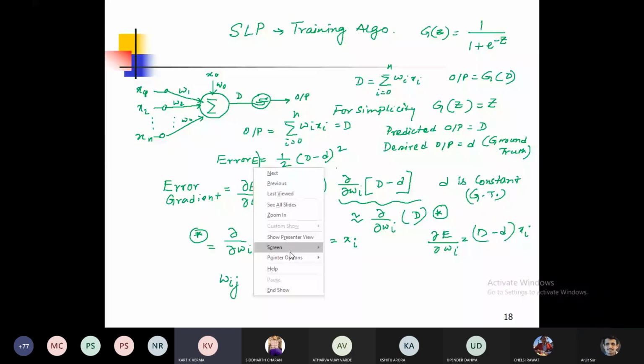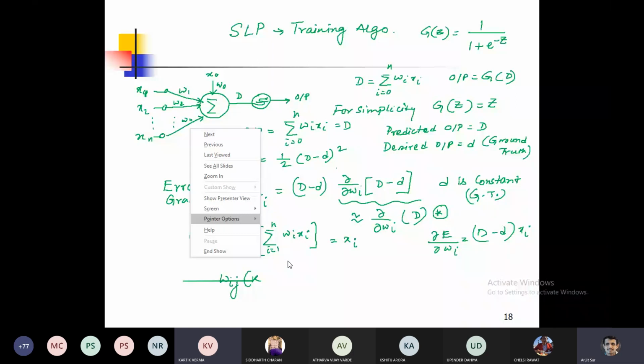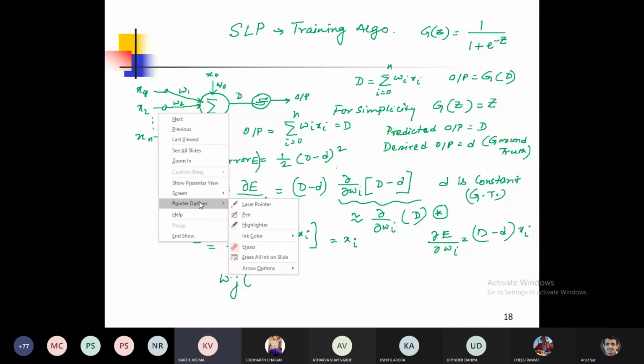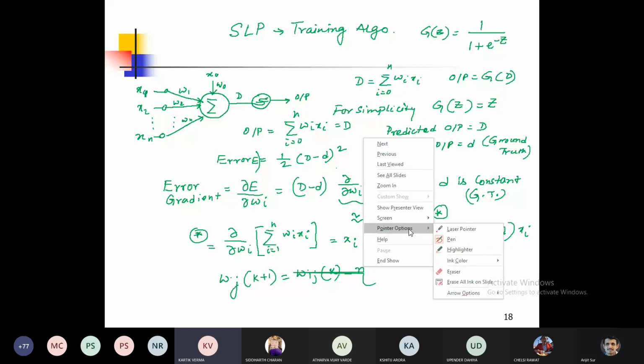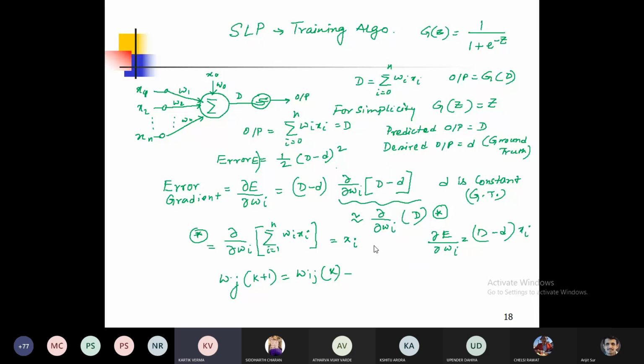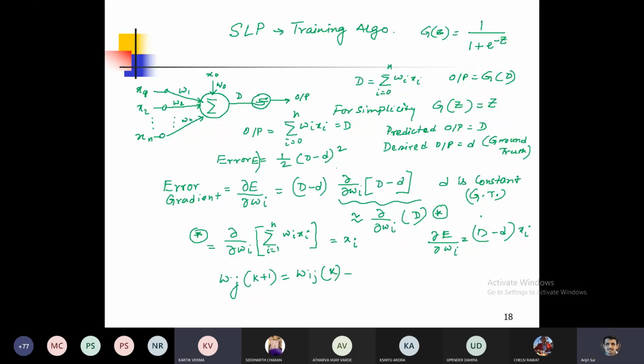For your understanding, we should put the k plus 1 iteration. K minus this eta.